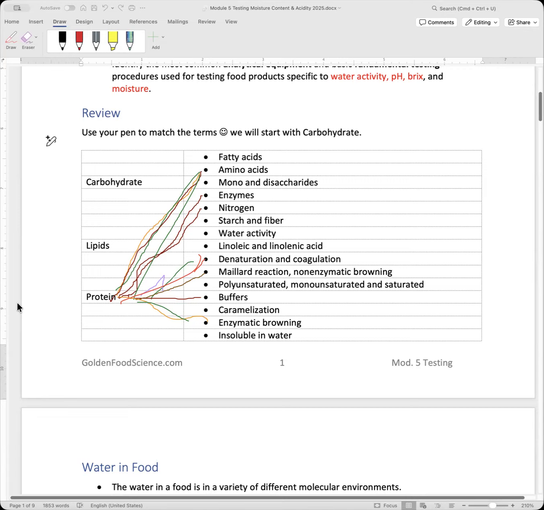Okay. Anybody have any questions about any of that? Yeah, Jill, I got a question. Uh-huh. Regarding proteins, can you have enzymatic browning and Maillard reaction at the same time? I don't think so because Maillard reaction requires heat. You could have enzymatic browning and then cook it.